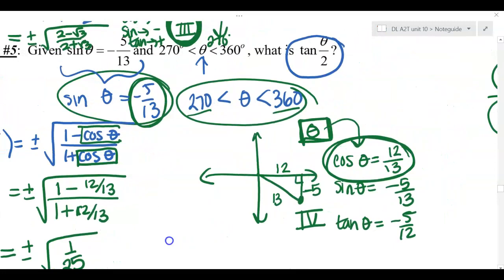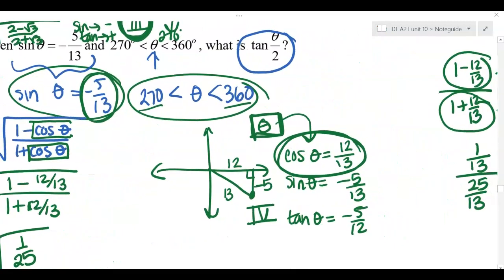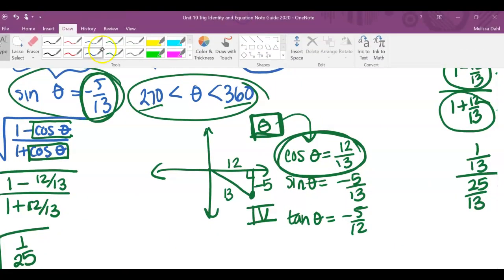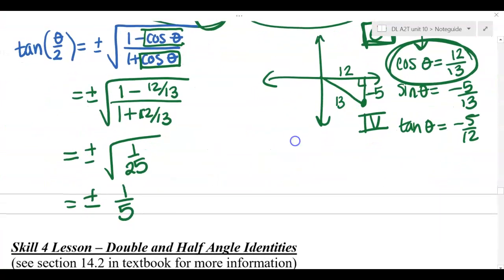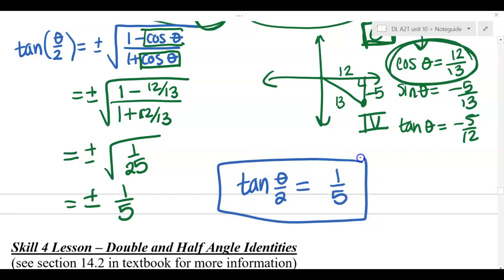To answer their question, I was looking for the tangent of theta over 2. I feel really close. I have a calculation done that says the tangent of theta over 2 is equal to 1/5. The question becomes, is that positive 1/5 or negative 1/5?